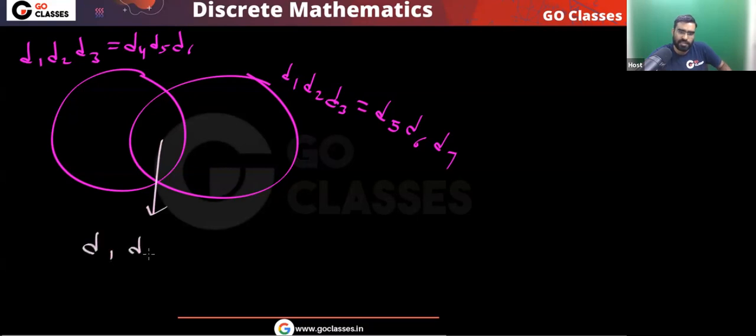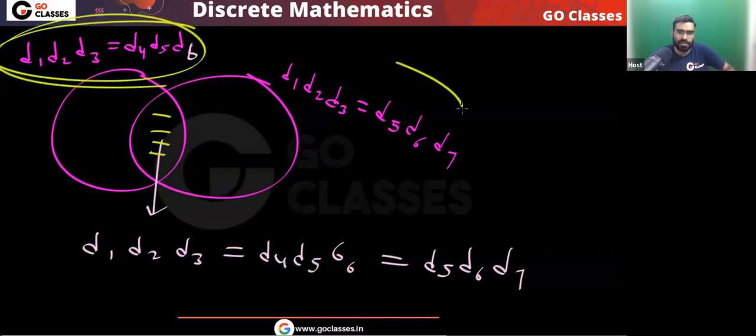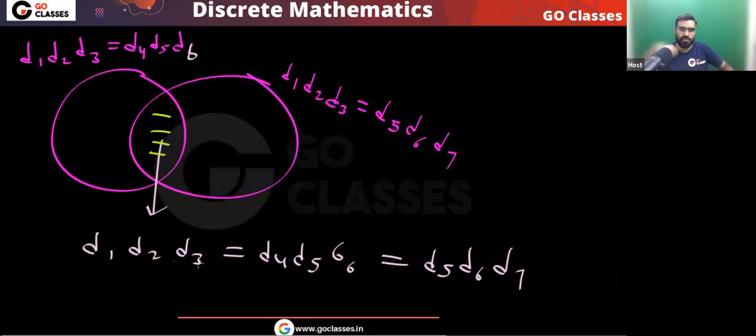Intersection means D1, D2, D3 is equal to D4, D5, D6, and that is also equal to D5, D6, D7. Agree with me? In this intersection, both will happen.